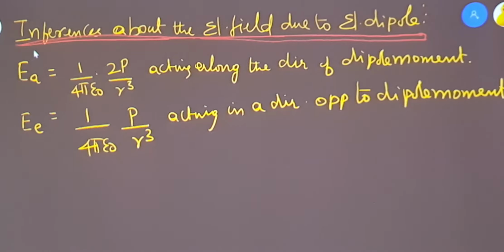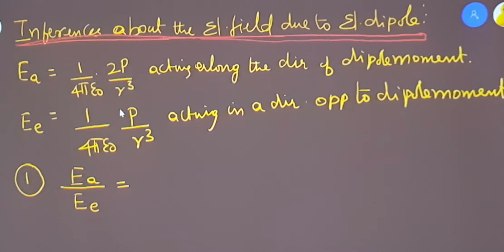That is what is given in your book as inferences. What is the first inference? You take a ratio: you divide the electrical field at a point along the axial line by the electrical field at a point along the equatorial line.